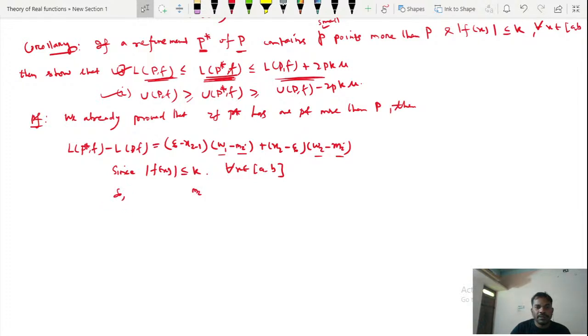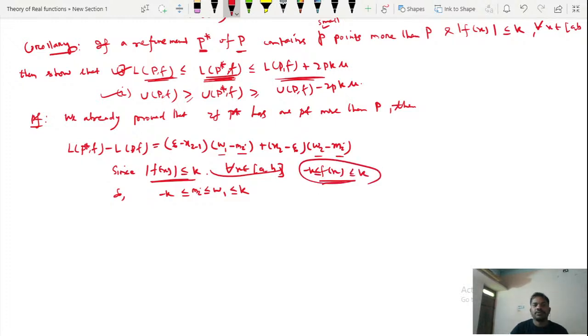We know m i is less than or equal to w1, and all these lie between minus k and plus k, since the modulus value is bounded by k.